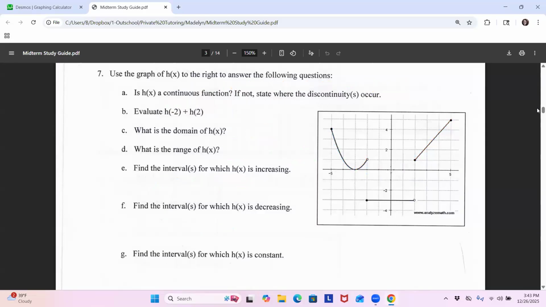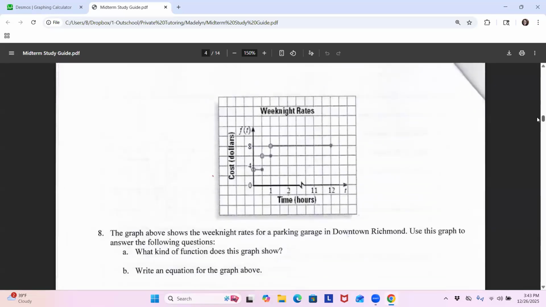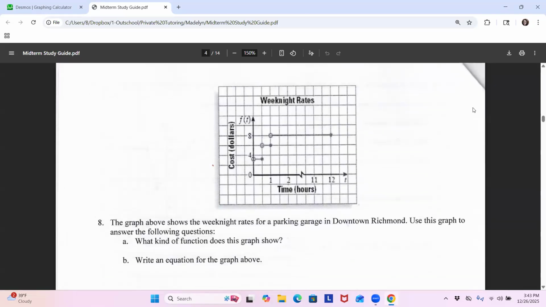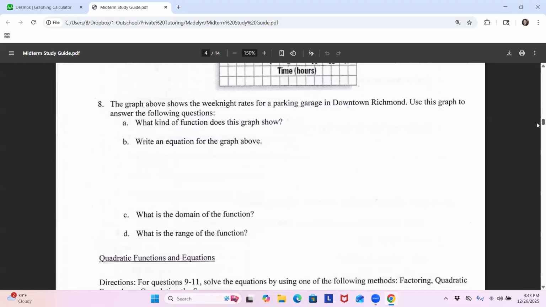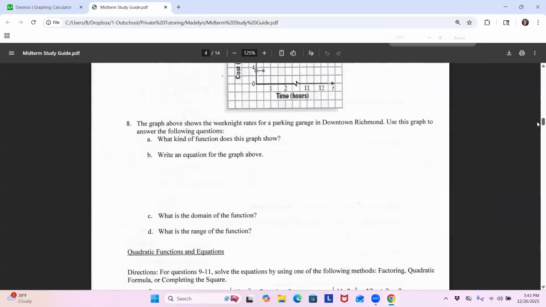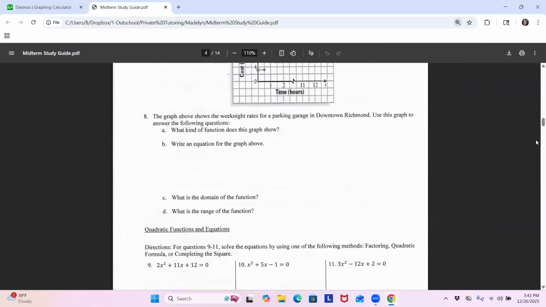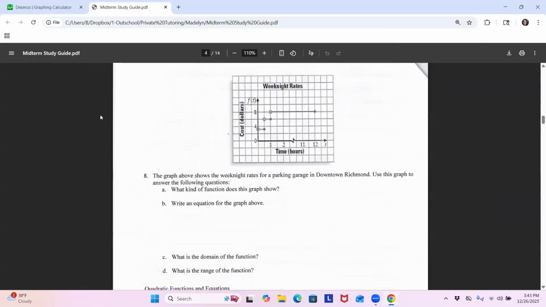Okay, that was page 3. The graph above shows the weeknight rates for a parking garage in downtown Richmond. Use this graph to answer the following questions. Let me zoom out a little. All right, that is a piecewise function. What kind of function?